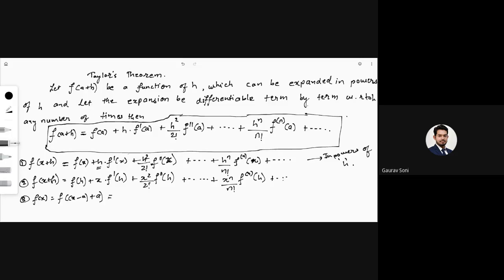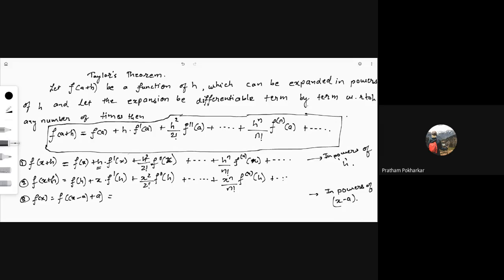So if I want the expansion in powers of x minus a, what will it be? Yes, anyone? Just using the first expansion again and again, you just have to understand the pattern in which this is going on.